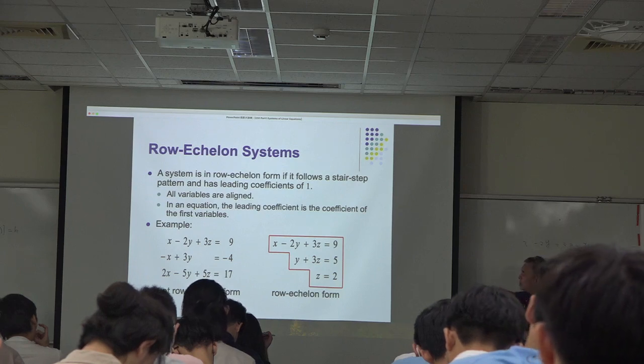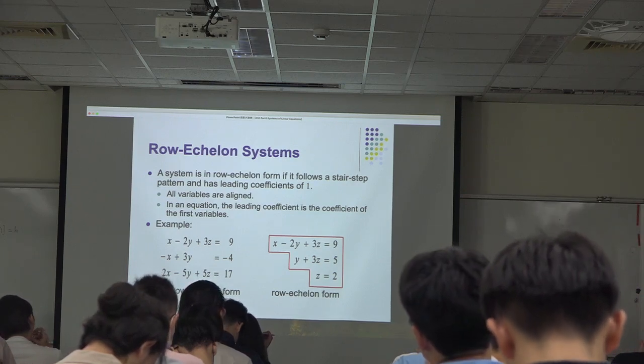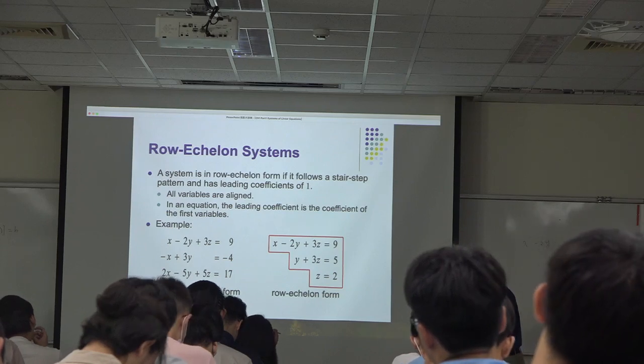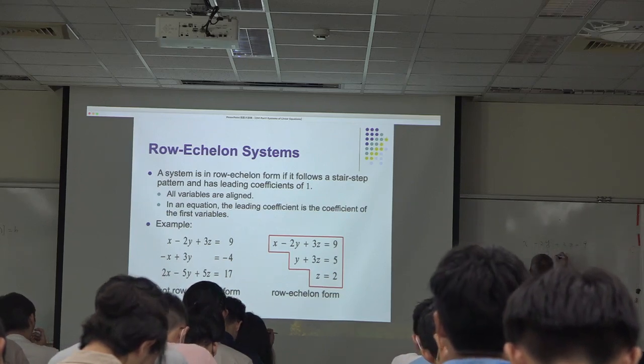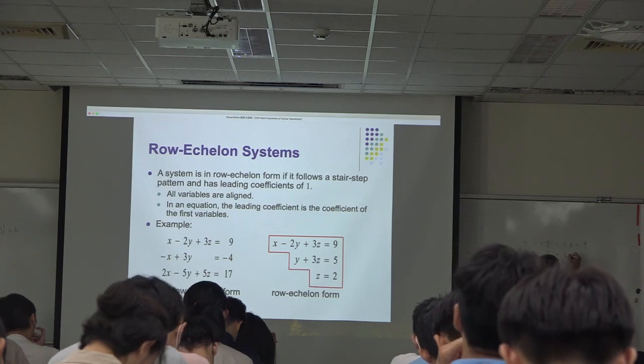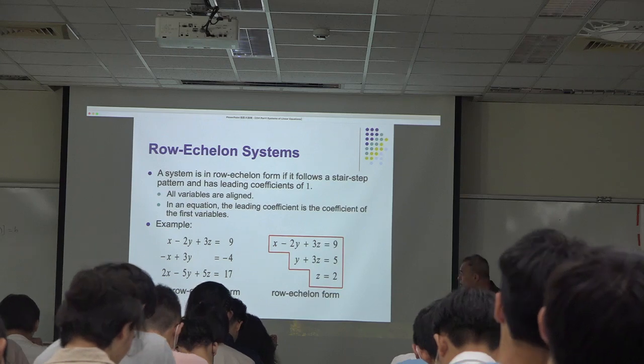And then we add up the first one and the second one. We get y plus 3z equal to 5.